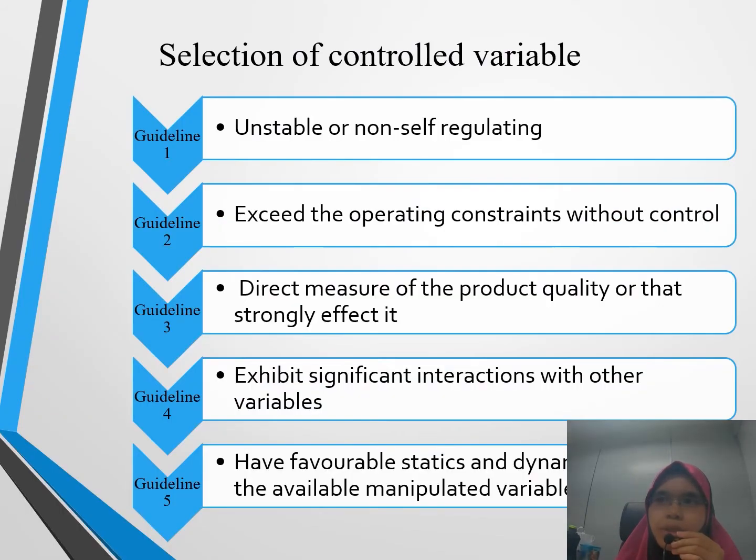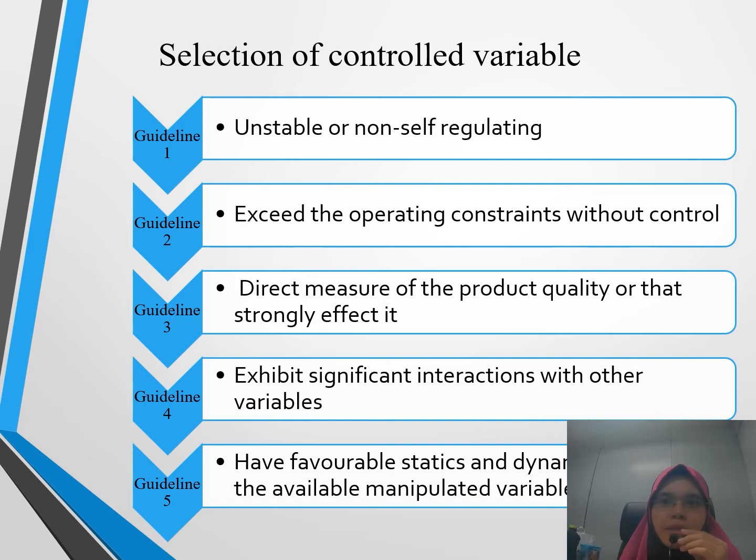So for the selection of control variable, there are 5 guidelines. You can read more from a book, from the ebook. A detailed explanation is there. Each of these actually is just about the same. You have to understand your equipment, what is the requirement of your equipment.